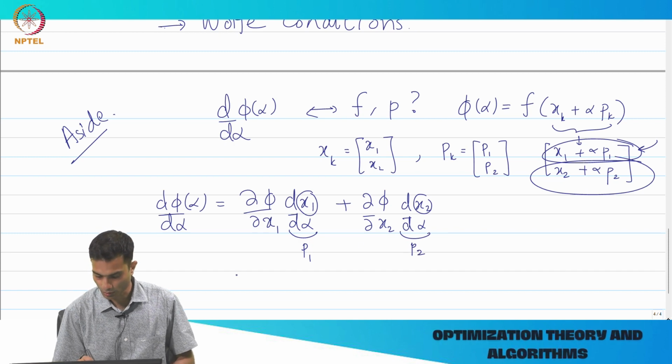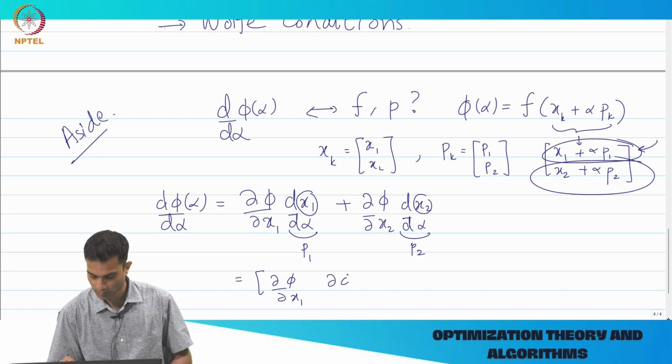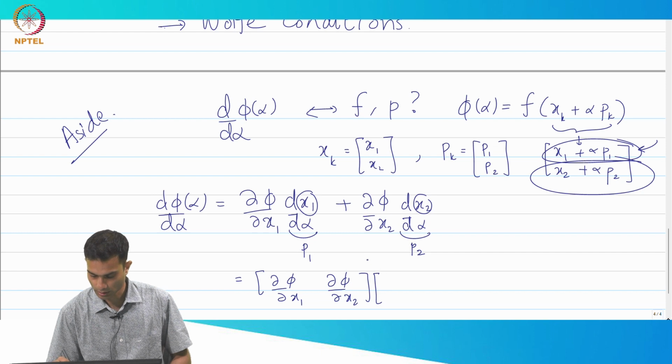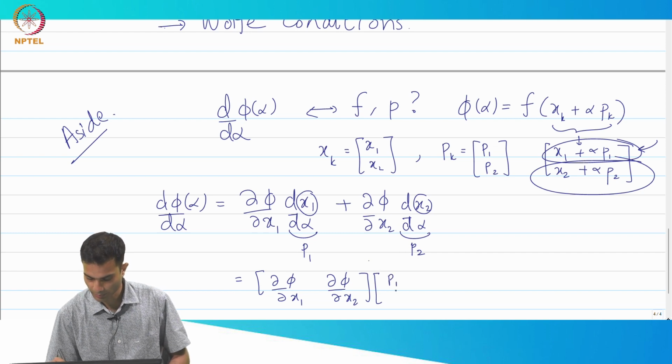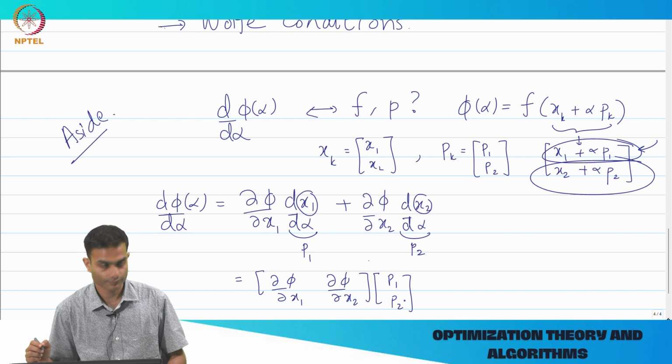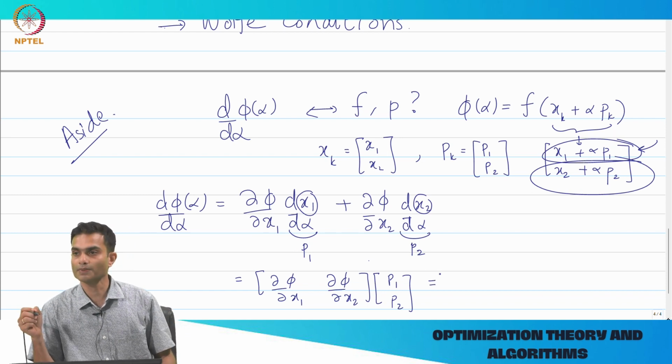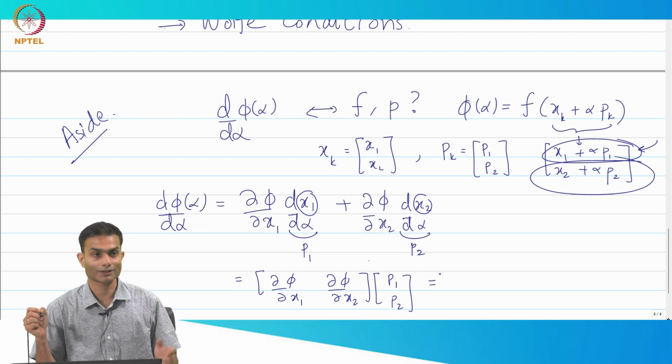So you could also look at this as the partial derivatives times P1, P2. So in compact notation, what would this be? What is the partial derivative of phi with respect to x1 and x2? Grad f, right?